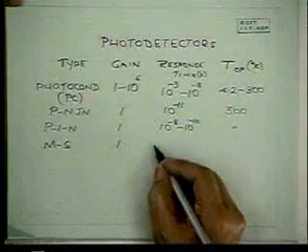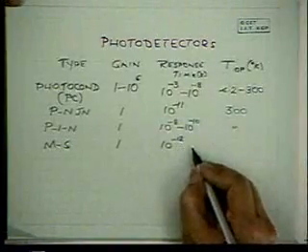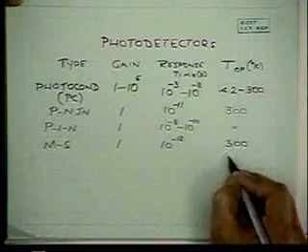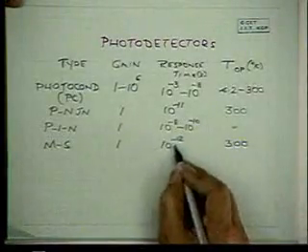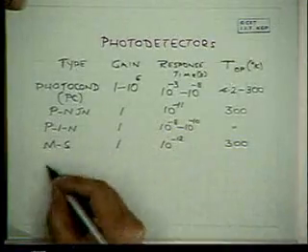They are the fastest. They can go down to 10 to the power minus 12, the picosecond scale, and so for detection of very fast laser pulses, metal semiconductor diodes are the ones that are used.